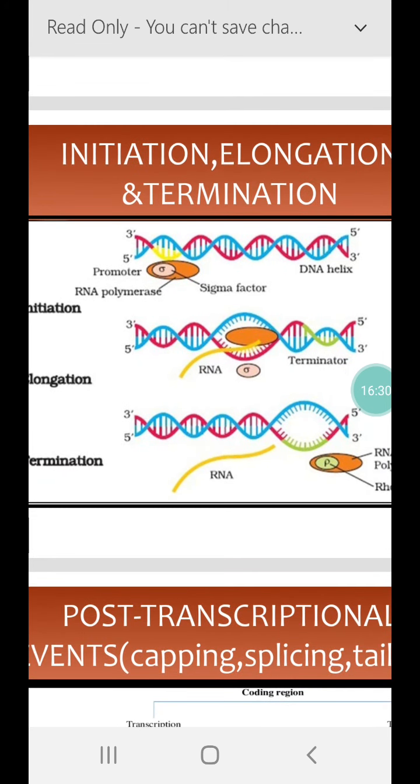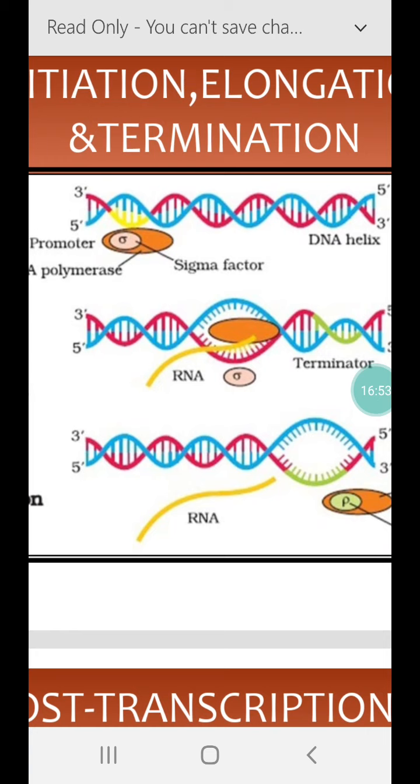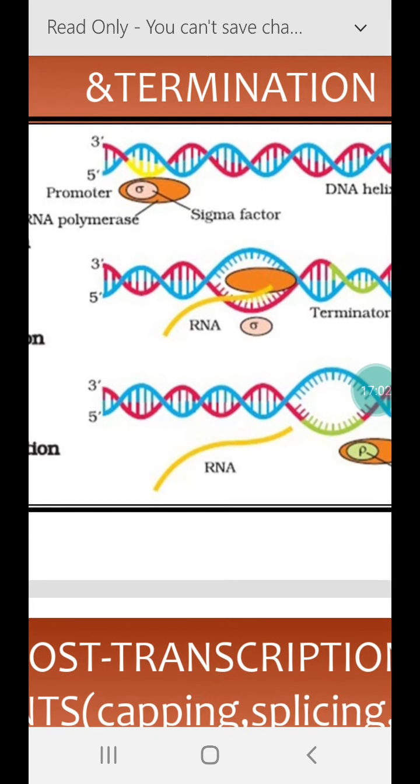In this way new nucleotides are added and elongation is carried out. A small part of RNA remains attached to the enzyme. As the enzyme reaches the terminator region, both the enzyme and the newly constructed RNA, yellow in color in this figure, fall off. This is the termination of transcription.